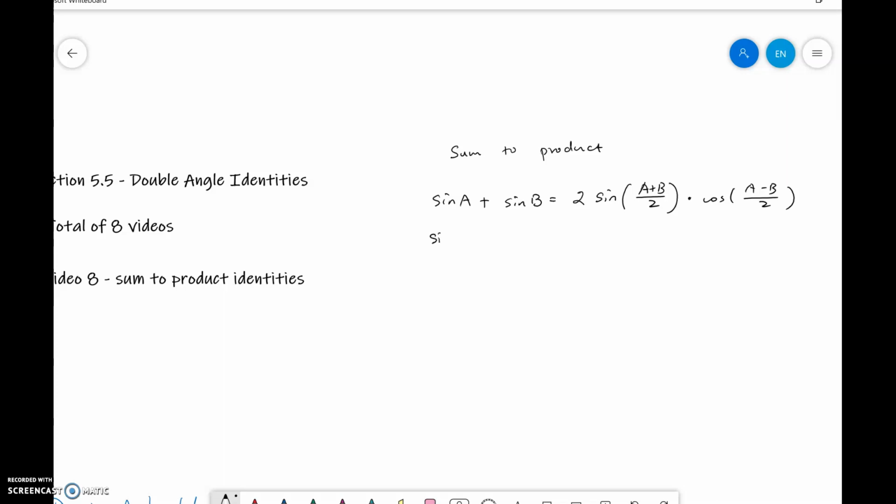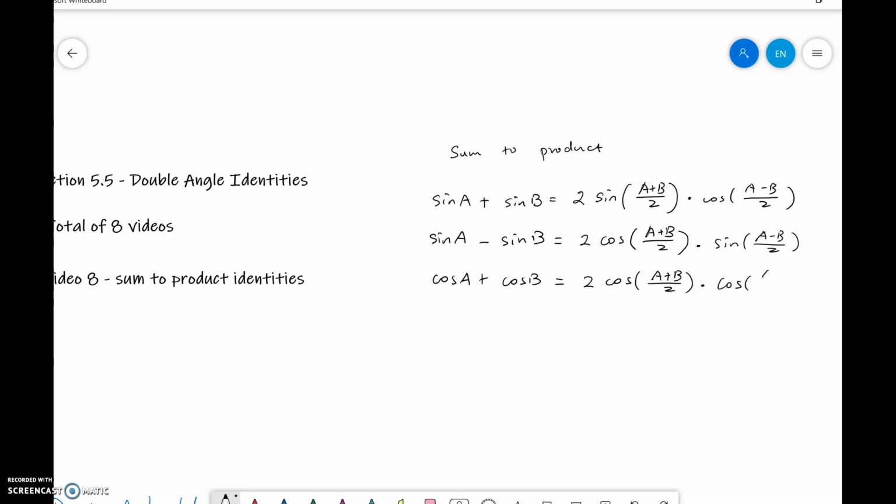The second one is sine of A minus sine of B, which is equal to 2 times cosine of A plus B over 2 times sine of A minus B over 2. The third one is cosine of A plus cosine of B, which is 2 times cosine of A plus B over 2 times cosine of A minus B over 2.